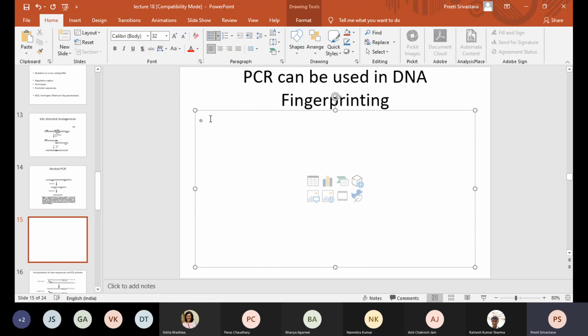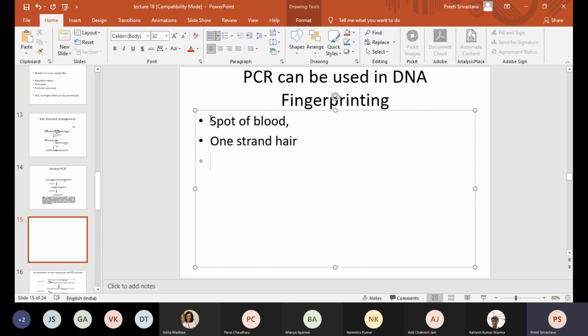Usually when we talk about the DNA, the amount of DNA is in the form of a spot of blood, right? Just a spot of blood, or maybe just one strand of hair. The point I'm trying to tell you is that the amount of DNA may not be enough for restriction digestion. You are getting my point? What we had discussed earlier was that we can do RFLP, and then southern blotting, and then fingerprinting.